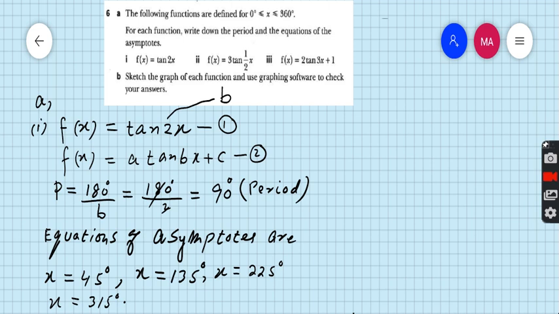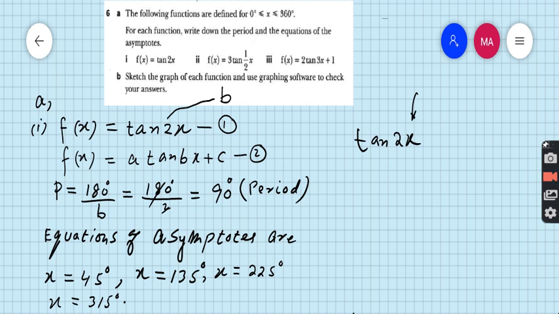Okay, the second requirement is to find the equations of the asymptotes. What I told you, asymptotes are the angles where the value of tangent is undefined. So your function is tangent 2x. How many angles can give you the value which is undefined?